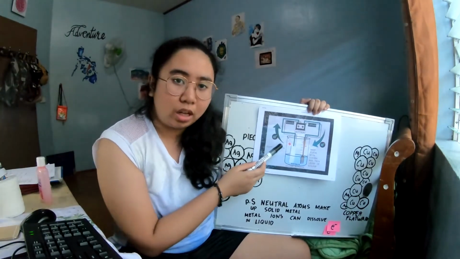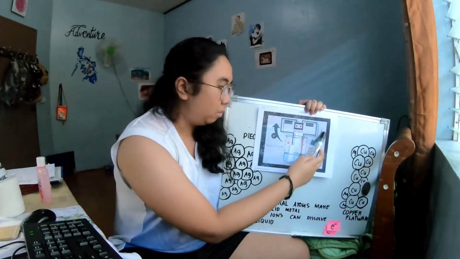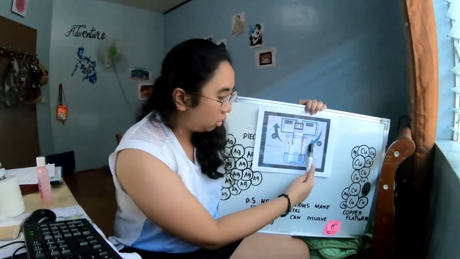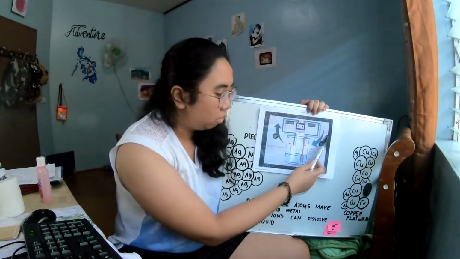There is an arrow pointing towards the battery, which signifies that electrons are moving that way, and another arrow pointing this way, which means electrons are moving this way.